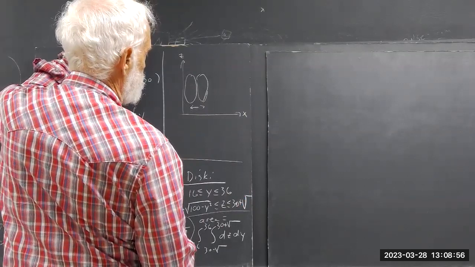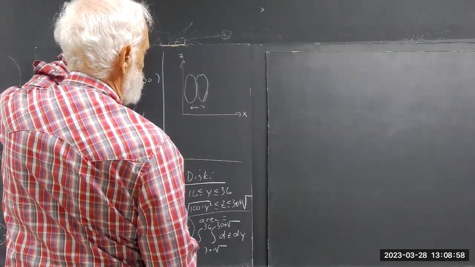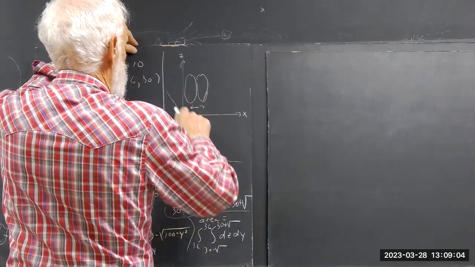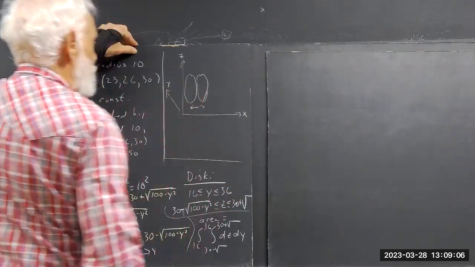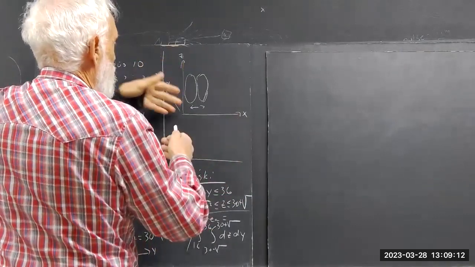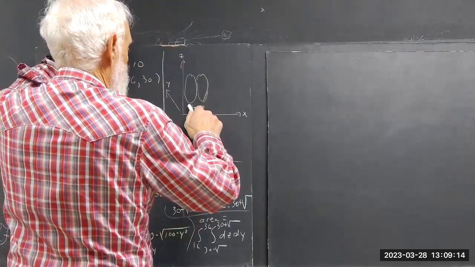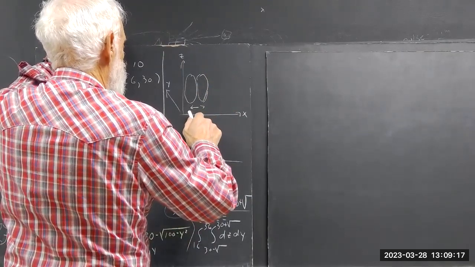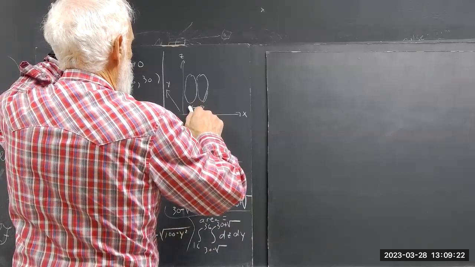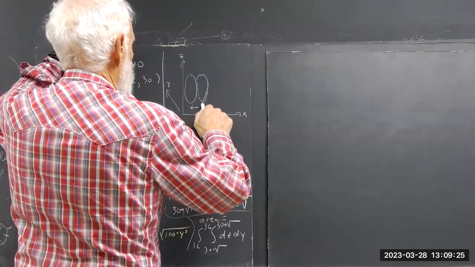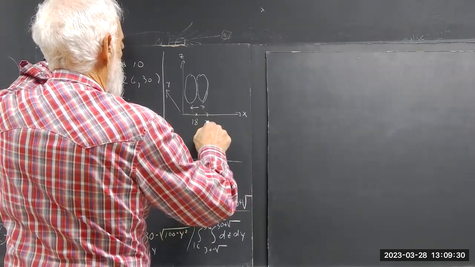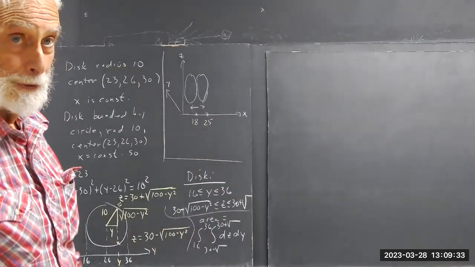That's a bad question. Okay, now it's better. Okay. So this is in a plane parallel to the YZ plane. So is this. And this point projects down and over, so X goes from here to here. I said from 18 to 25. You can say whatever you want to say.